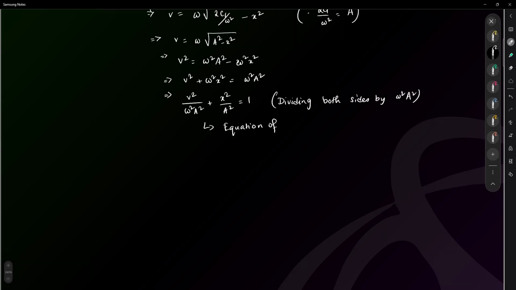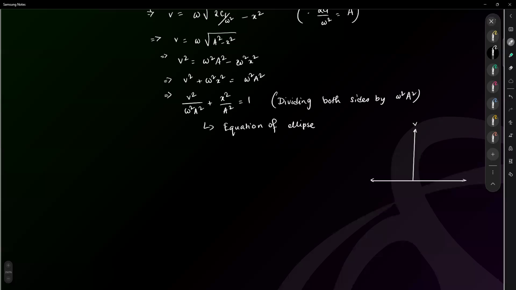I had told you this in the previous class. I want to know what this equation is known as. This is the equation of an ellipse, right? That is why the graph of velocity versus displacement will be an ellipse. Okay, the v versus x graph will look like this.